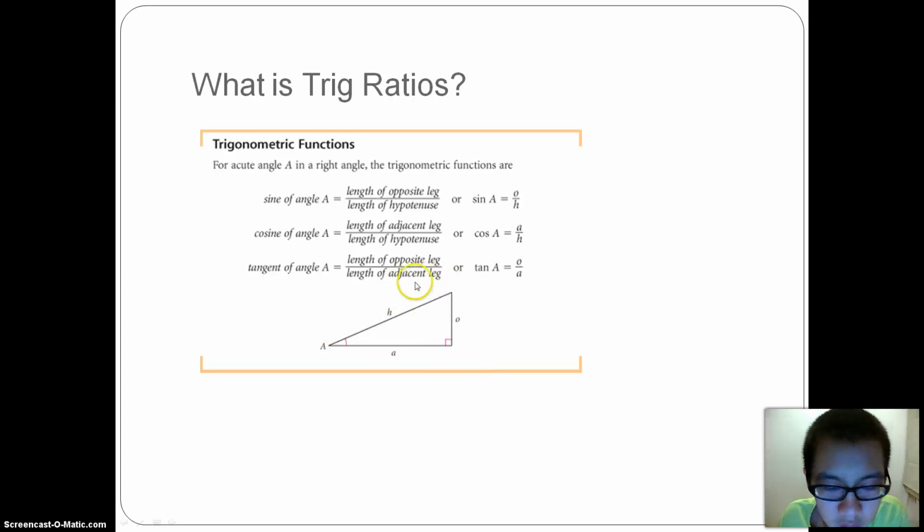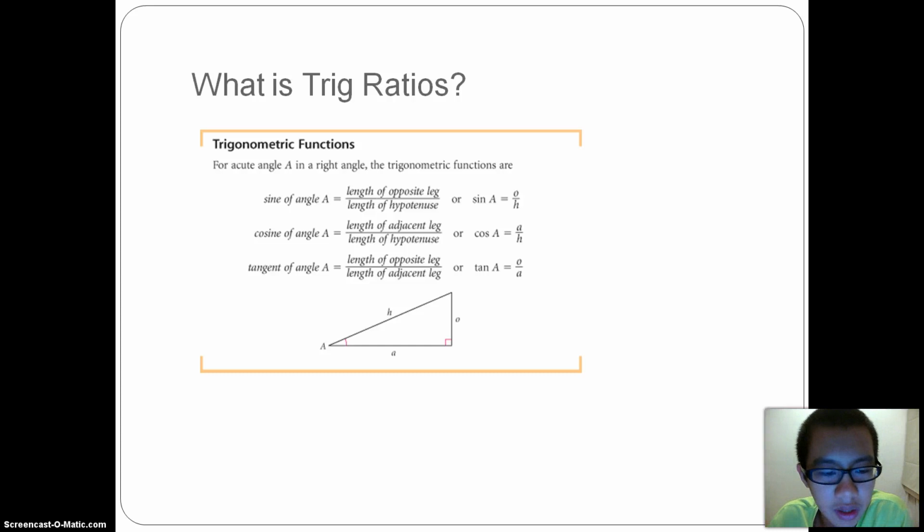Remember, sine is always opposite over hypotenuse, and hypotenuse is always the longest side. Whenever you are going to find a sine, cosine or tangent of an angle, you must identify the hypotenuse, the opposite and the adjacent of the reference angle.